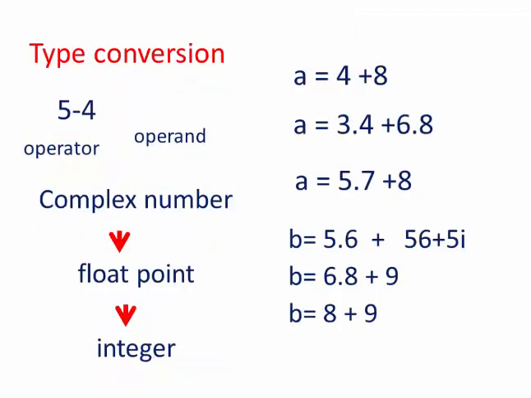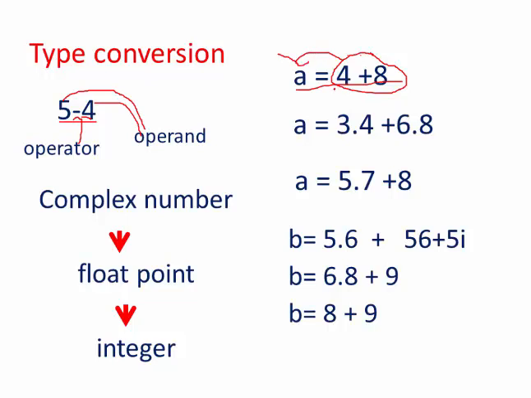We're talking about type conversion. To understand this, I've written one expression here, 5 minus 4. You know that 5 and 4 are operands, and the minus is called the operator. Now in this expression, 4 plus 8 will get computed and the result will be stored here.